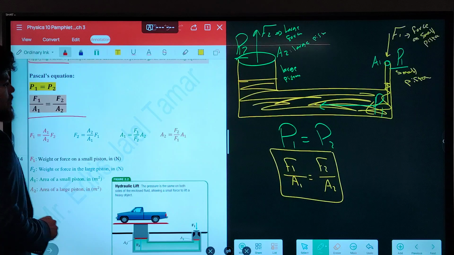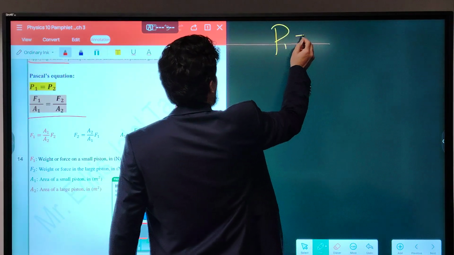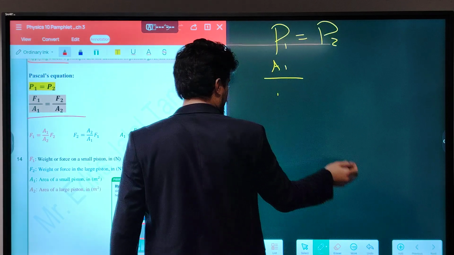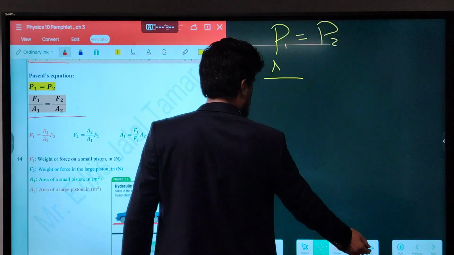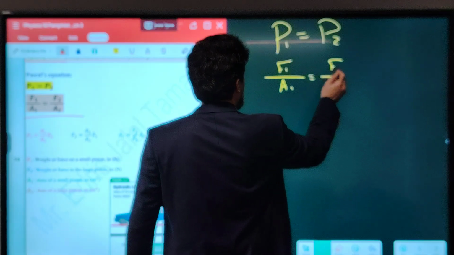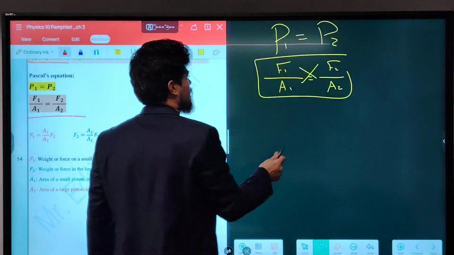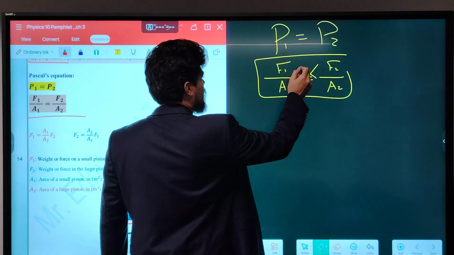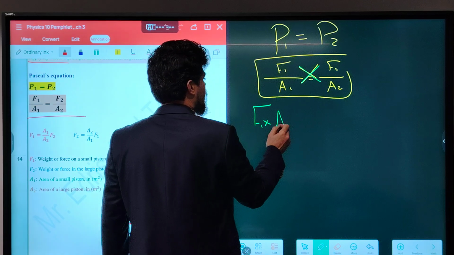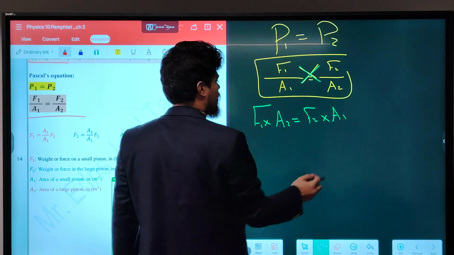As I proved for you, P1 is equal to P2. F1 over A1 is equal to F2 over A2. Cross multiplication: F1 times A2 is equal to F2 times A1.